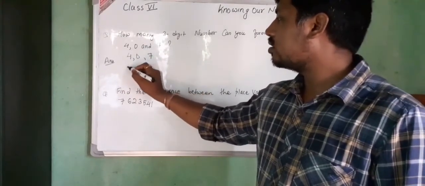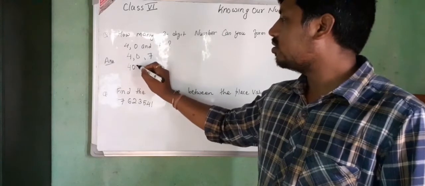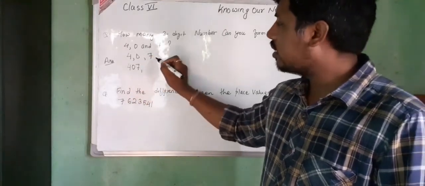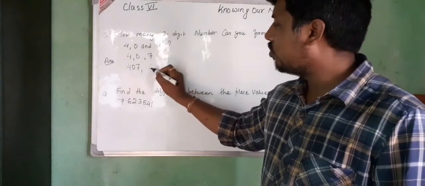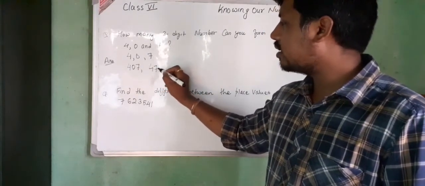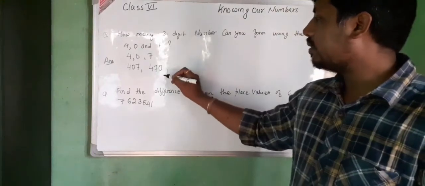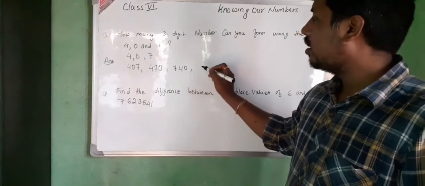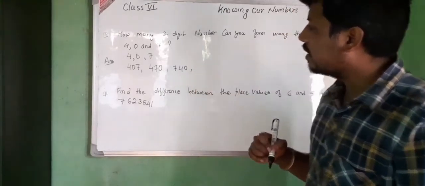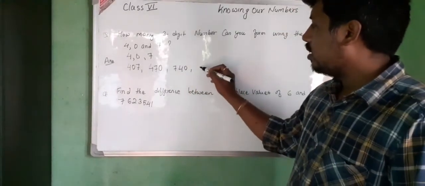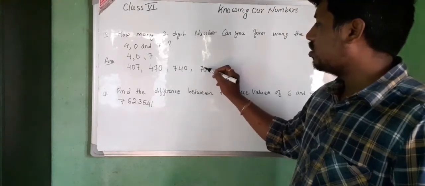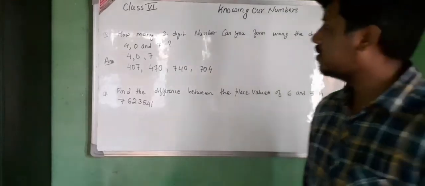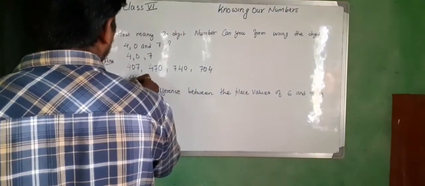Like first is 407. Second one we can arrange and write 4 and 7, with 0 in the middle, 470. Third one 7, 4, 0. Next one we can write 7, 0, 4.